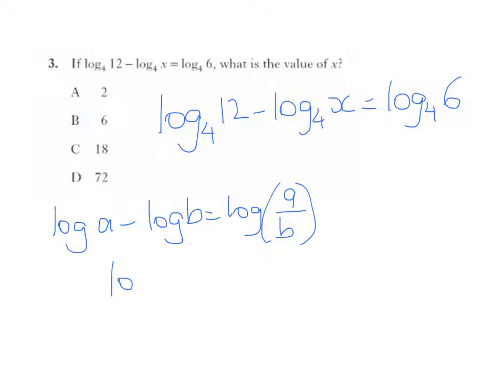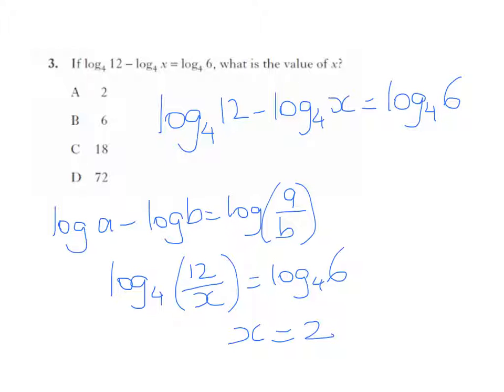So we've got log to base 4 of 12 over x equals log to base 4 of 6. So 12 over what is 6? x equals 2. Okay, nice easy log one.